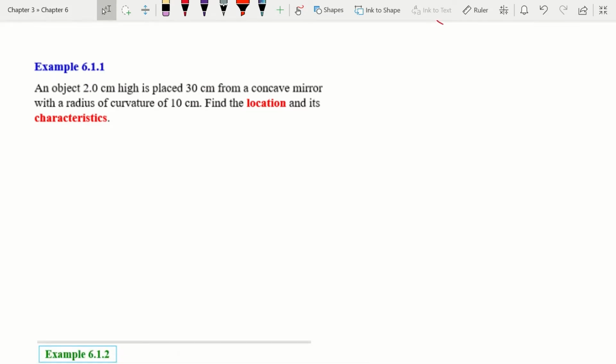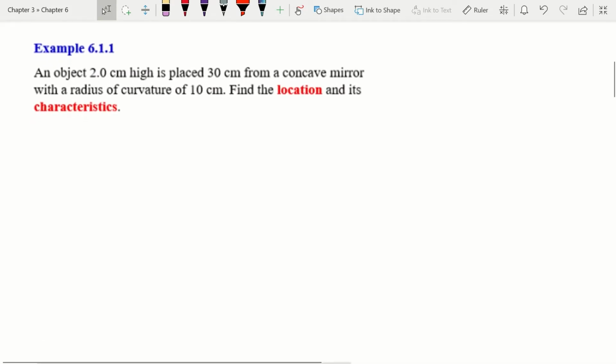Now let's look at example 6.1.1. An object 2 cm high, so the height of the object is 2 centimeters, is placed 30 centimeters from a concave mirror.